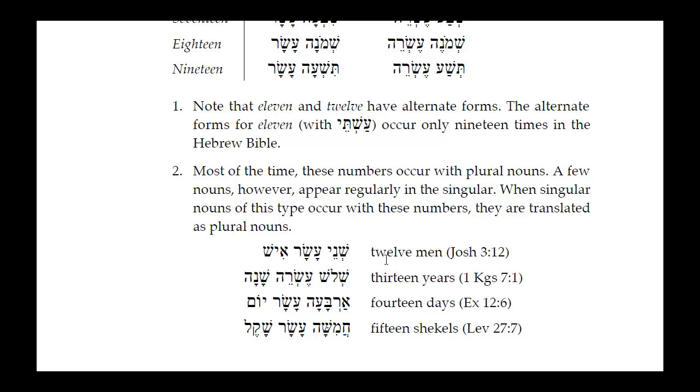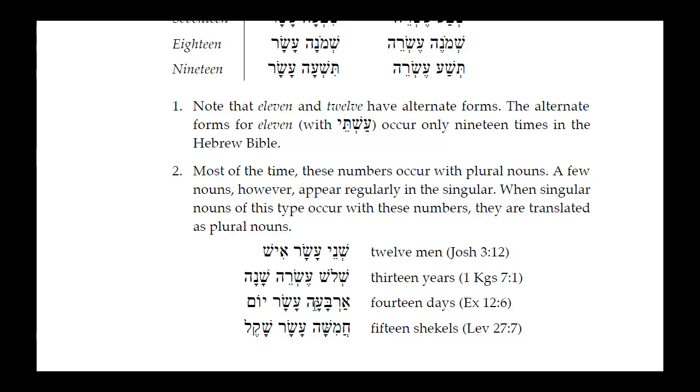For example, in Joshua 3:12, we have Shnei Asar Ish. We have a singular noun here, but we have 2 of 10, which is 12 men. That's what we translate. Instead of 12 man, we would say 12 men. Shalosh Esrei Shana would literally be 13 year, or we would say 13 years. Arba'a Asar Yom. See how Yom is singular?